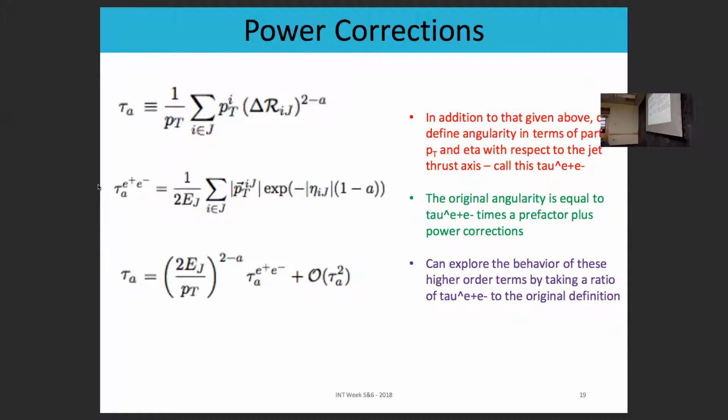This is strange. So it's higher order in what? What is being expanded in? I'm a bit confused. In tau. So you assume it's always small, right?